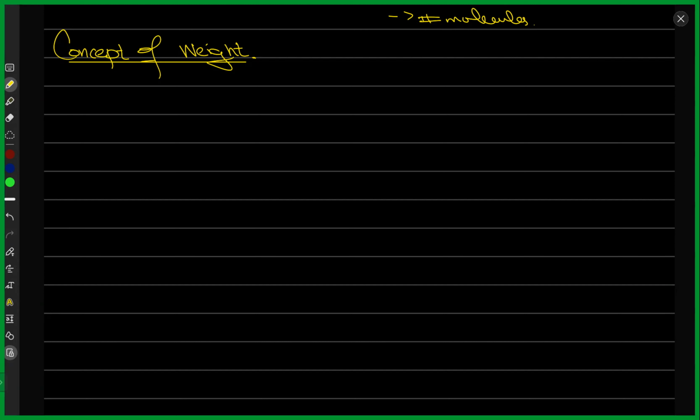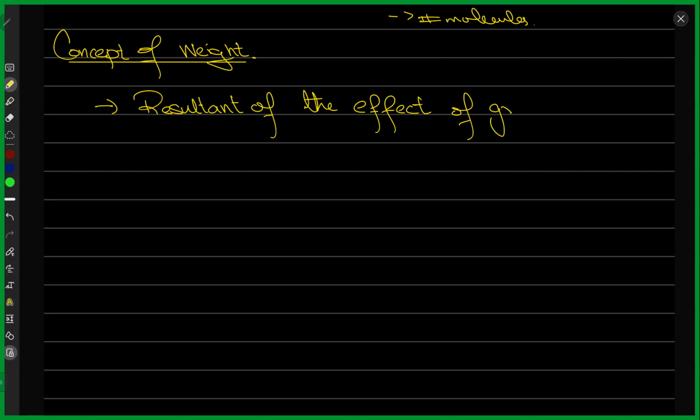And how that mass is going to be affected by gravity is weight, right? So I can say that weight is simply a resultant of the effect of gravity on some mass.